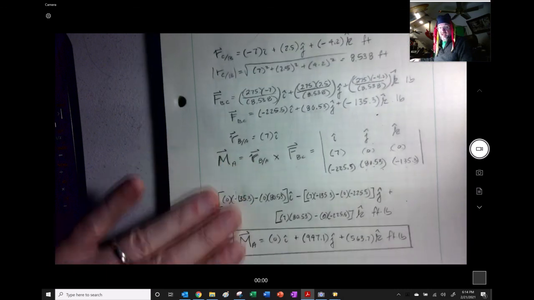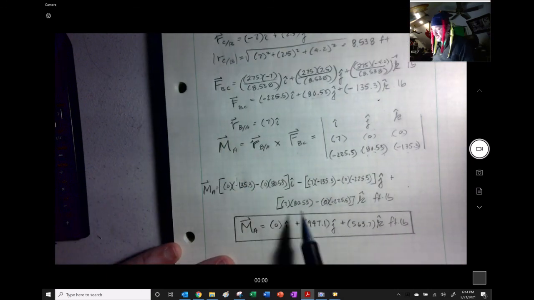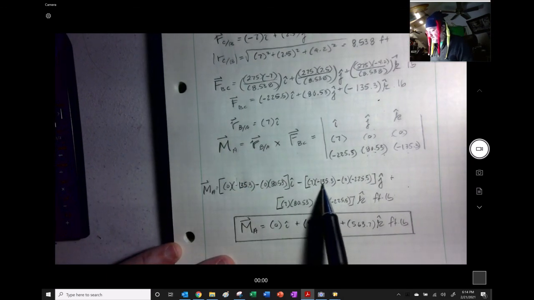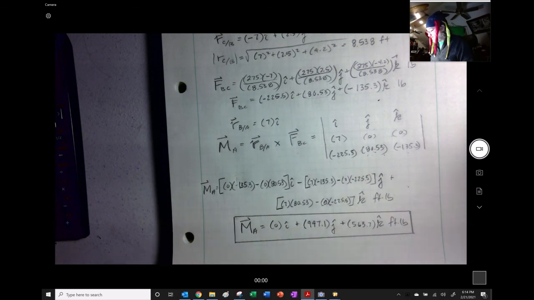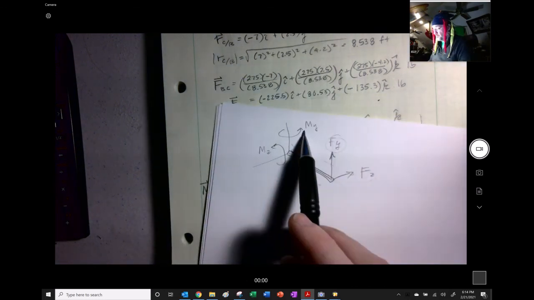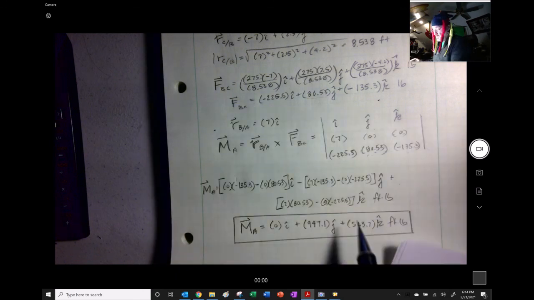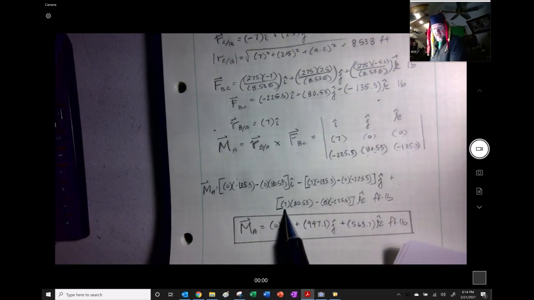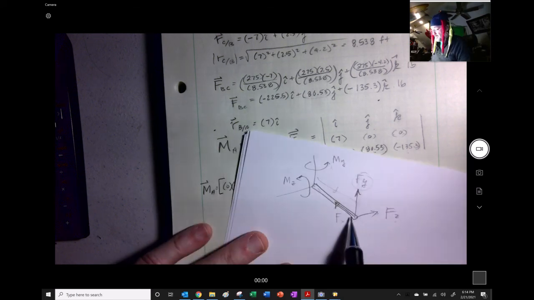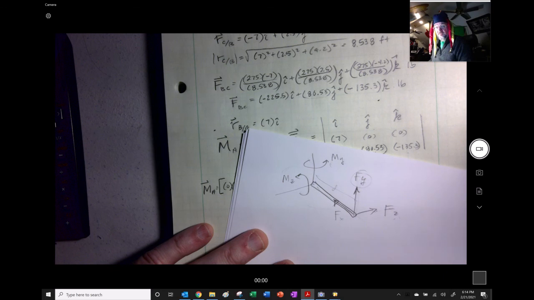So when you come back to this problem, you could kind of see that's where that was, right? Here was the Fz times that length that was causing the y component, and here's the F in the y direction, times that length, and that's causing the one about the z direction.